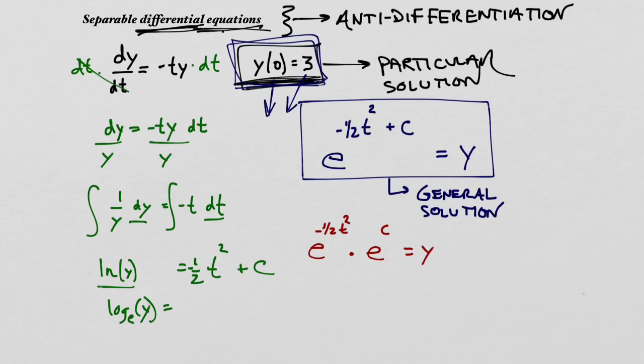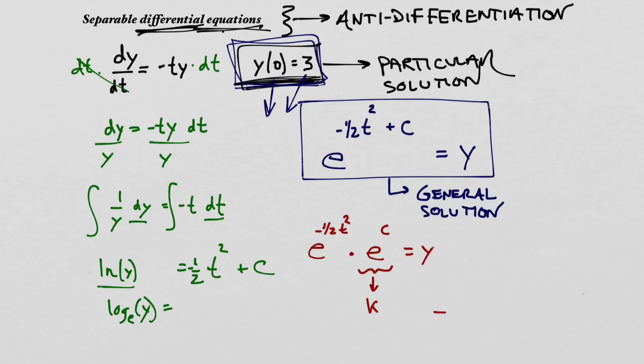And what I've done is I've made the term with my constant its own thing. And what I can do is I can just say that e to the power of c is going to be some new constant. So let's just call that whole thing k.